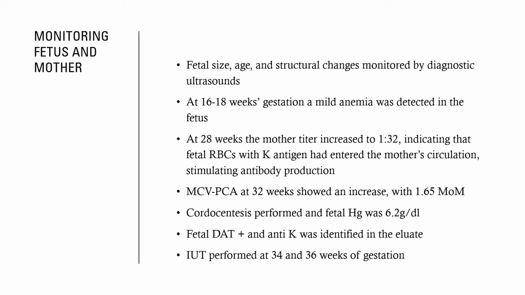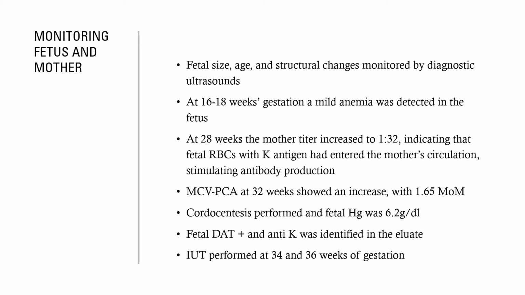Then, at 32 weeks, the MCA-PSV increased to 1.65 MoM, and the hemoglobin was 6.2 grams per deciliter. The DAT was positive, and the anti-K was present in the eluate.